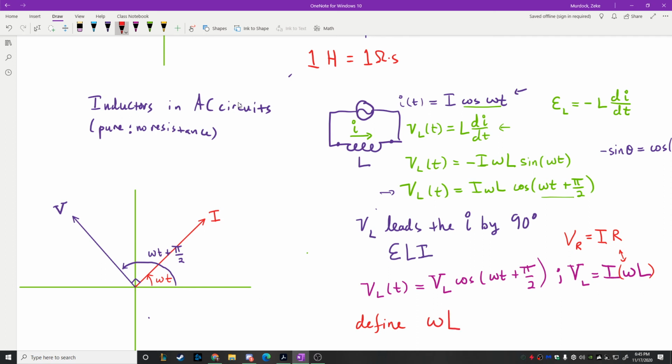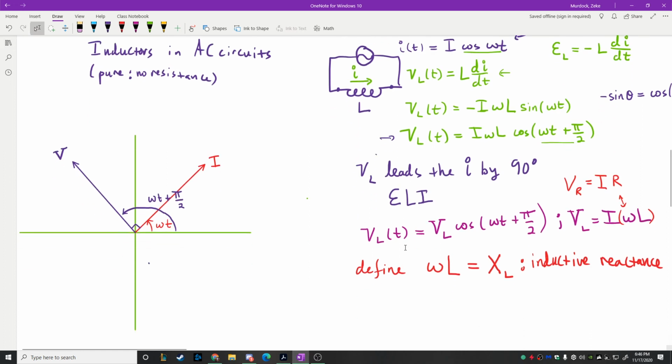omega L, okay? We're going to define that to be X sub L, so it's a capital X with an L subscript on it. And this is going to be called inductive reactance. Inductive reactance. And this allows us to rewrite the VL equation.